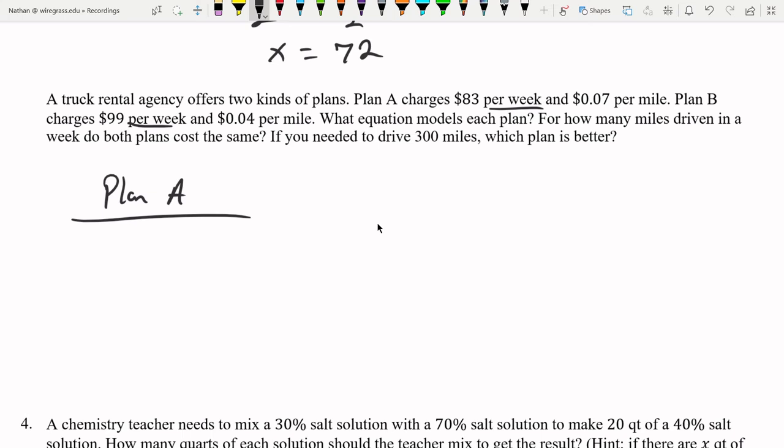If we had to do that, there'd end up being two different variables, and it's going to be more confusing. So don't worry about the per week portion. Really, the variable, the thing that changes here, is the per mile portion. So our variable of choice is going to be M, which is miles driven.